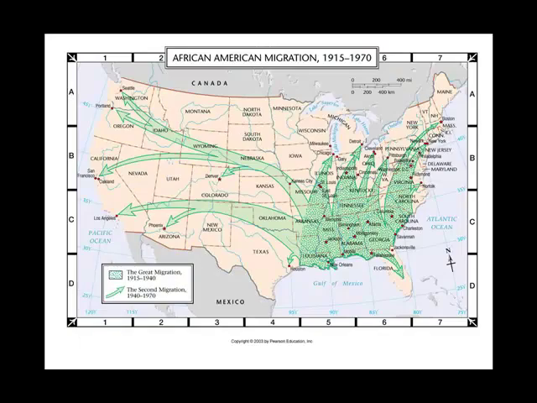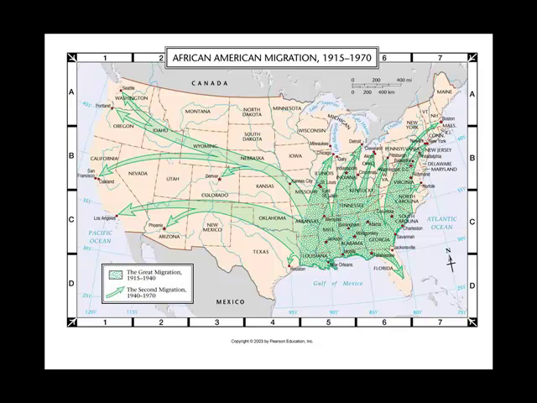In this map, we see an even broader reach of these migrations because this is looking at the whole period of the migrations from 1915 to 1970. On this, you can see that they've divided the migrations into the Great Migration as they see it and extending it, as I said before, into that whole period of the 1930s.